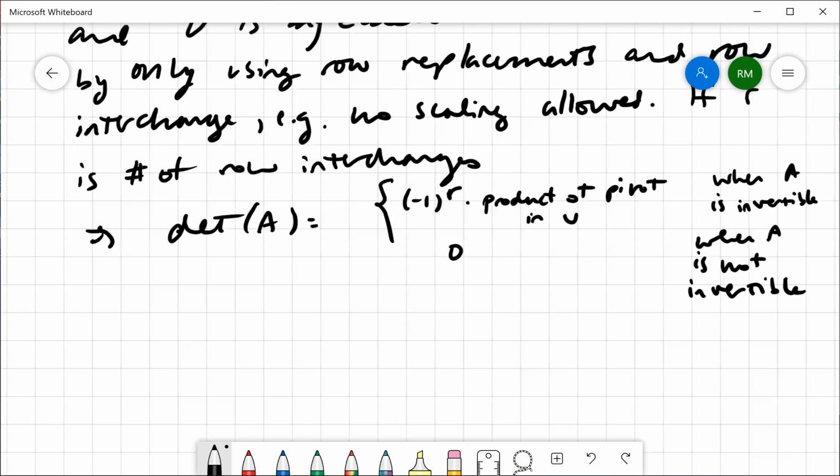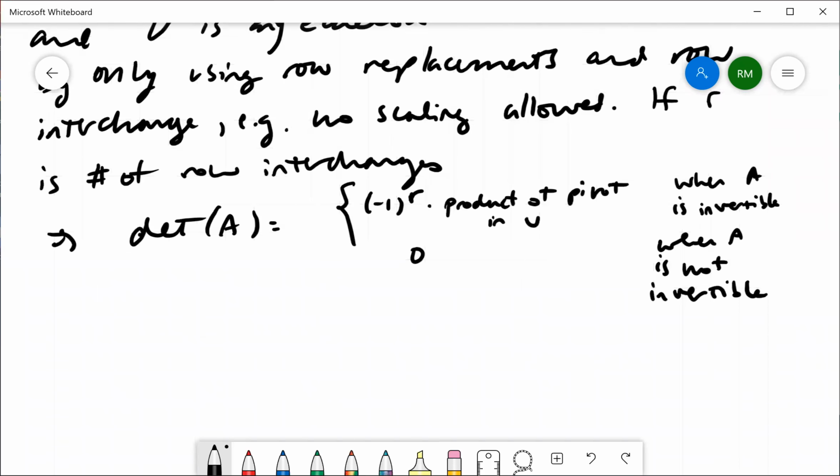Okay, so this is a formula that lets us know what the determinant of my matrix A is compared to an echelon form where I only used row interchange and row replacements.